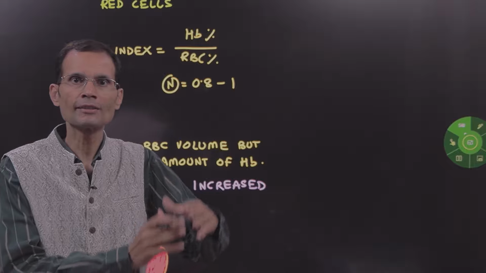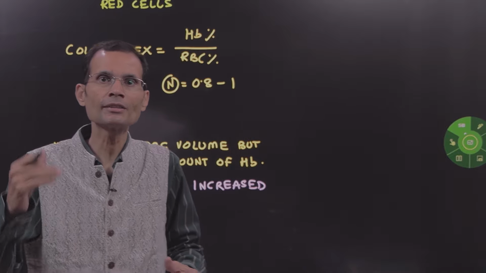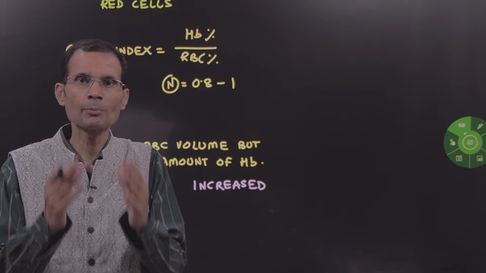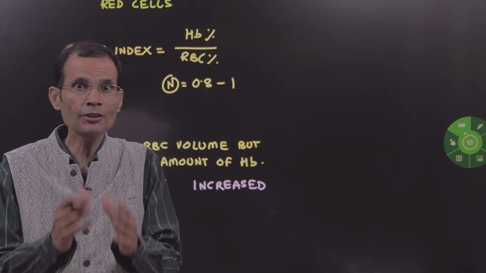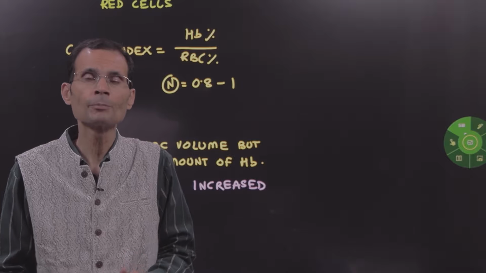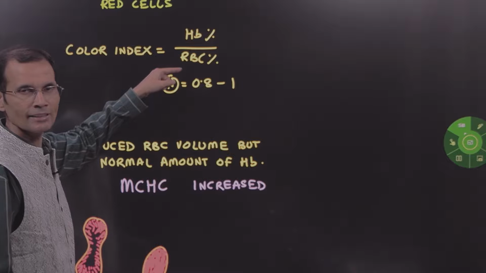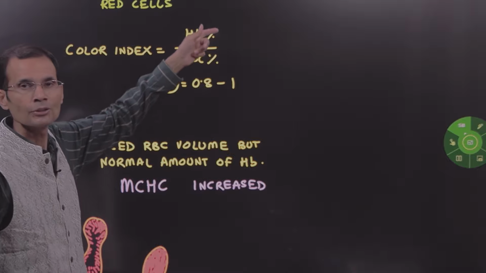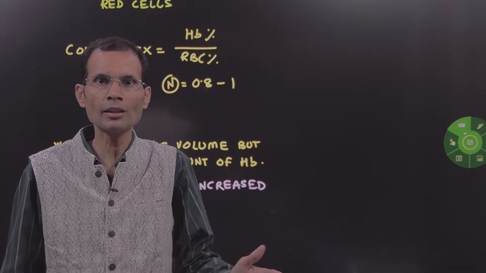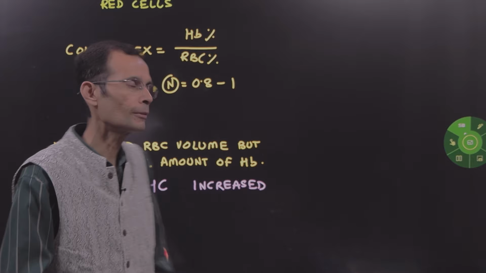Hemoglobin is normally synthesized, but the RBC count is less because RBCs are getting destroyed faster. Their membrane has become rigid. Sphere shaped RBC, rigid membrane, faster breakdown. So the denominator is less and relatively the numerator is more. So the color index becomes more than 1 and we call it hyperchromic anemia.